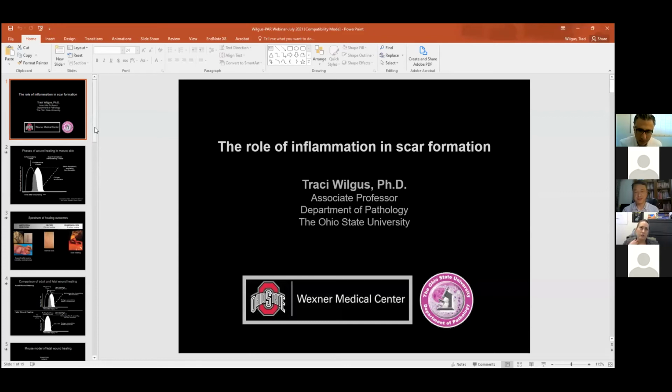No, we do not work in that area. I know that there are some people developing models to look at radiation injury and how that changes the healing process, and radiation can be a stimulus for fibrosis, obviously.